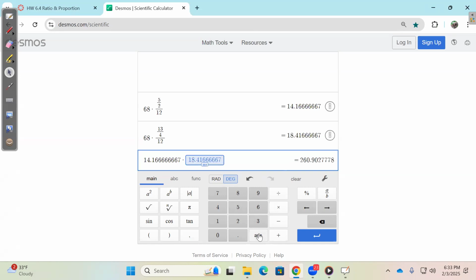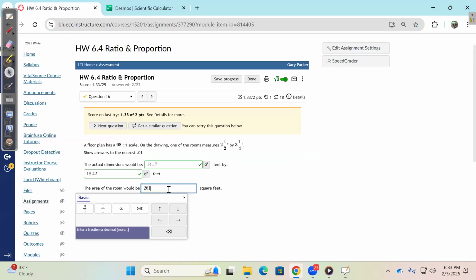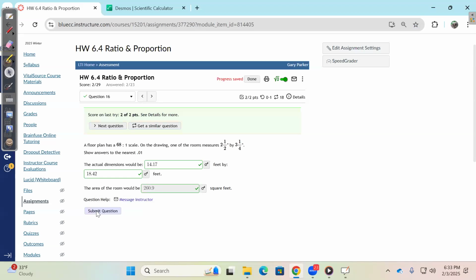Okay, so this now says 260.9 or 90 is a little more accurate. And I like that a little bit better. So it wasn't happy with my intermediate rounding. Oh well. Now it's happy.